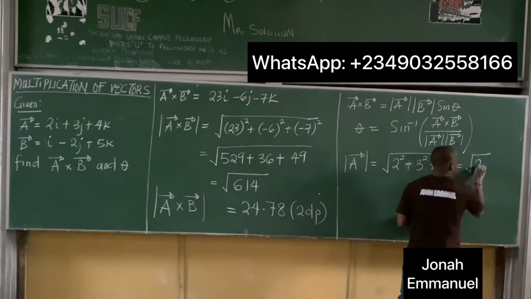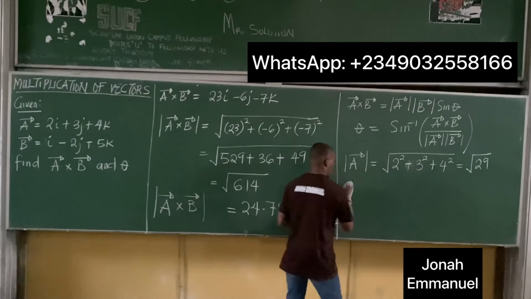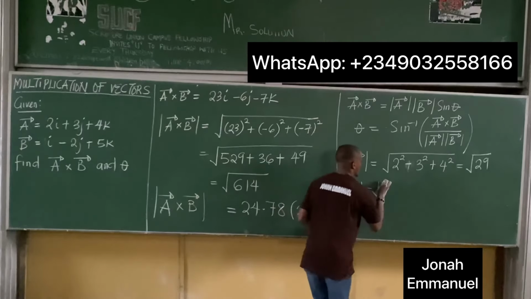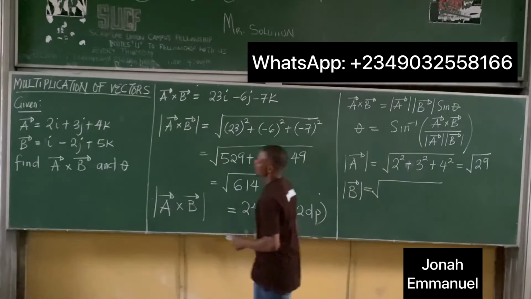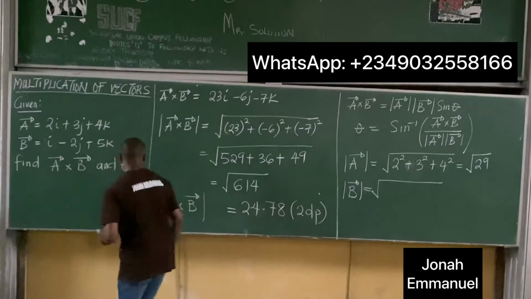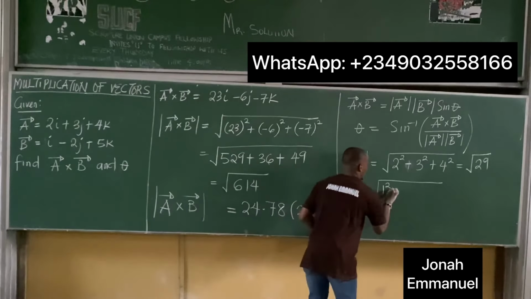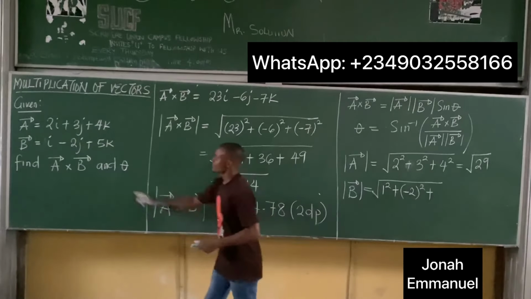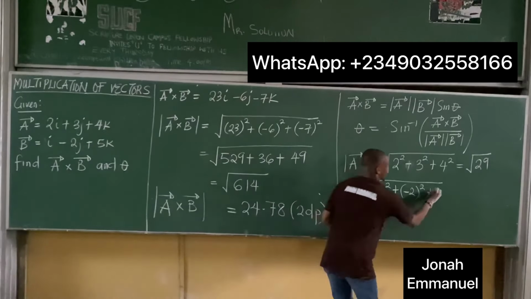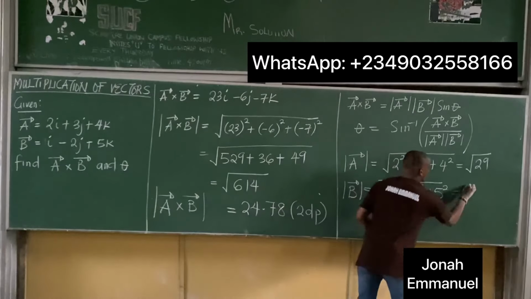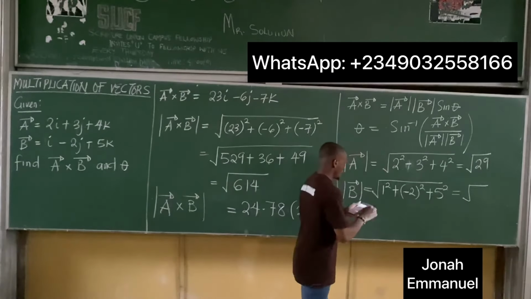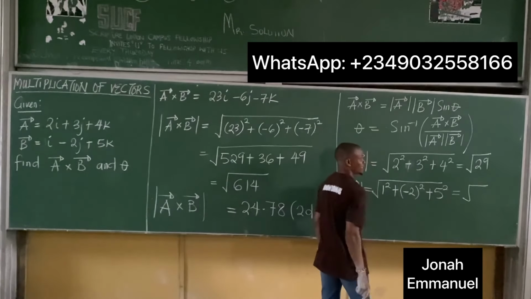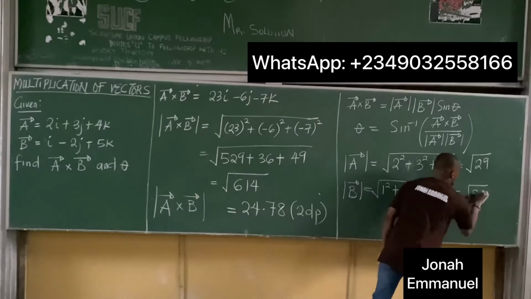That's 4 plus 9 plus 16, that's root 29. Magnitude of B is equal to the square root of, for B I have 1 squared plus minus 2 all squared plus 5 squared. This is 1, this is 4, this is 25, that's 29 plus 1, that's 30.